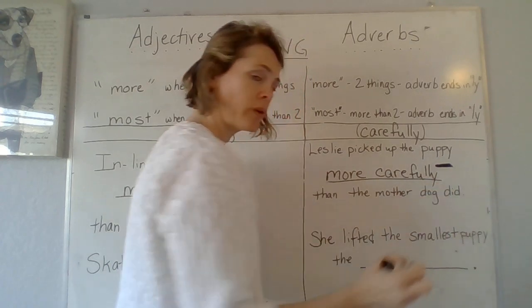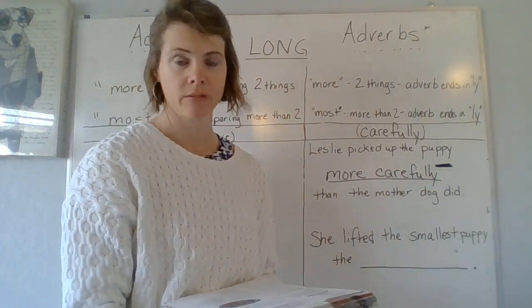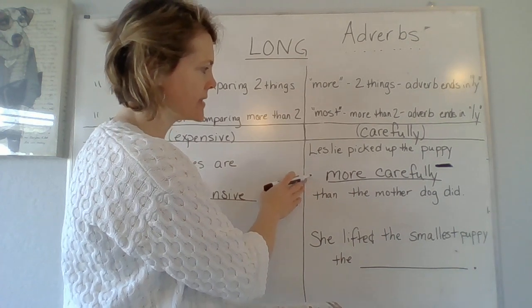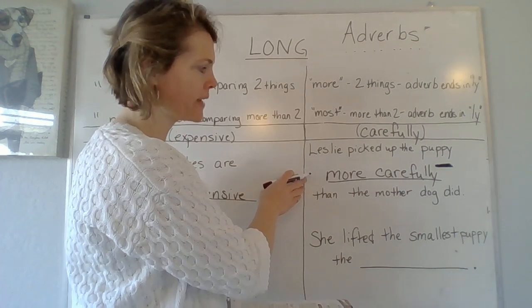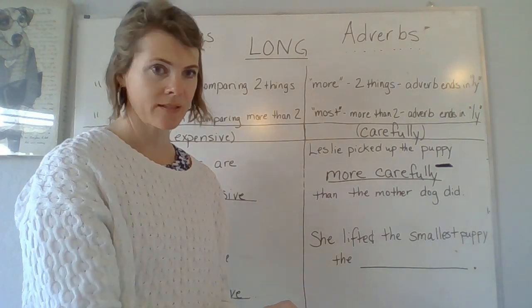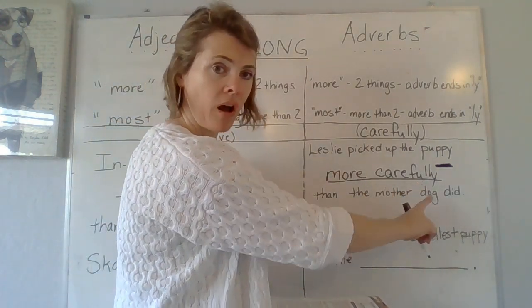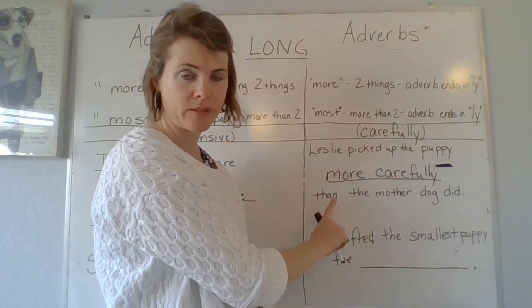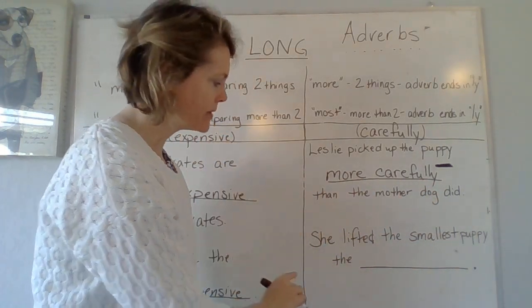Now, if this had been a short word, I would have said carefuler, but that's not a word. Let's try this together. Leslie picked up the puppy more carefully than the mother dog did. That's right. Because carefully is a long adverb and it ends in ly, we have to use more to compare 2 things.